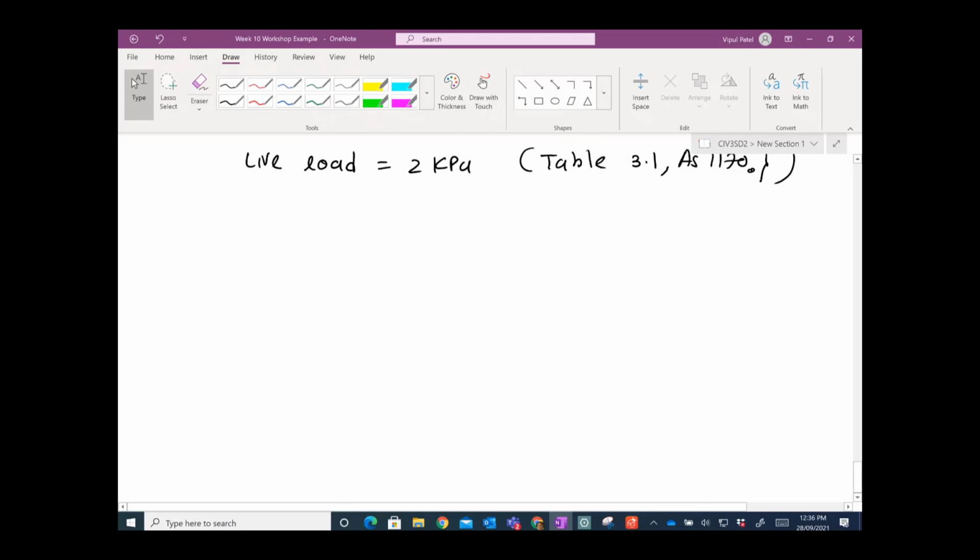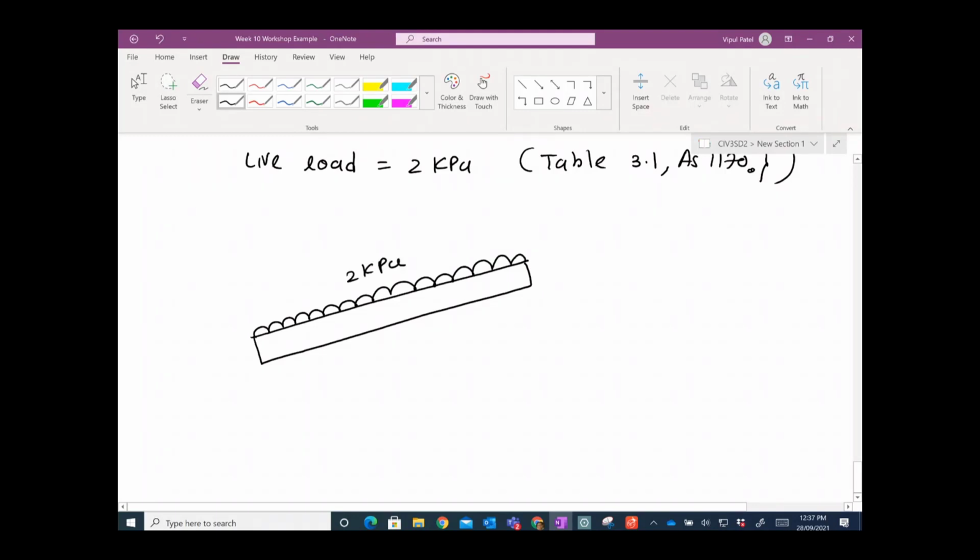So let's say you have these stringers and the live load on this one is 2 kilopascals. We need to convert into kilonewton per meter. So you have 2 times 1.2 over 2, because per stringer you get 1.2 kilonewton per meter.